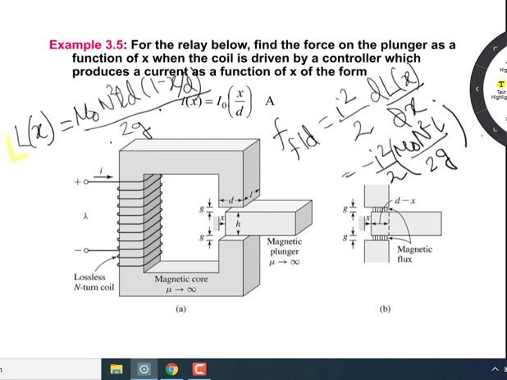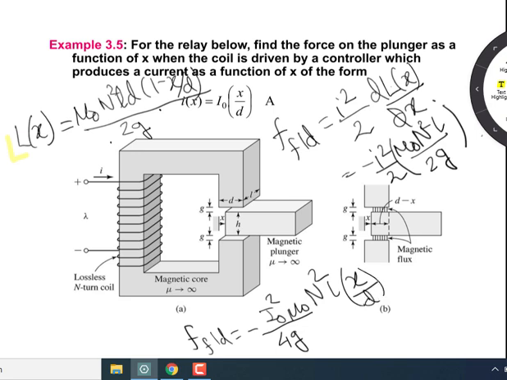So if you replace that current with this function, what you will be getting here, you will be getting, right.